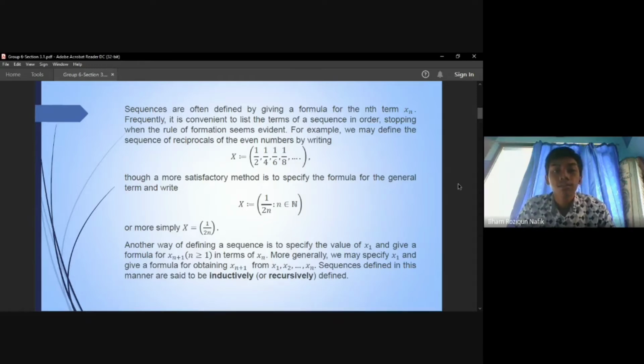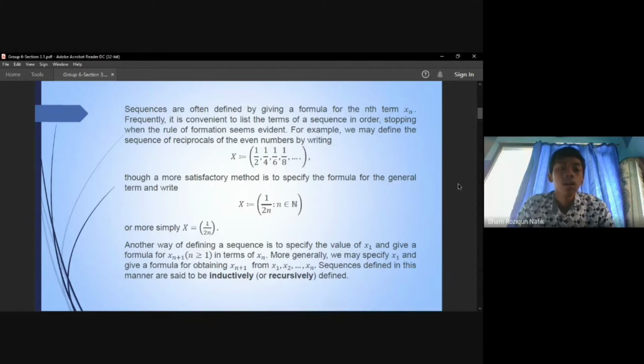Third, a more satisfactory method is to specify the formula for the general term and write xn equals 1/2n for n an element of the natural numbers, or more simply, X equals (1/2n).